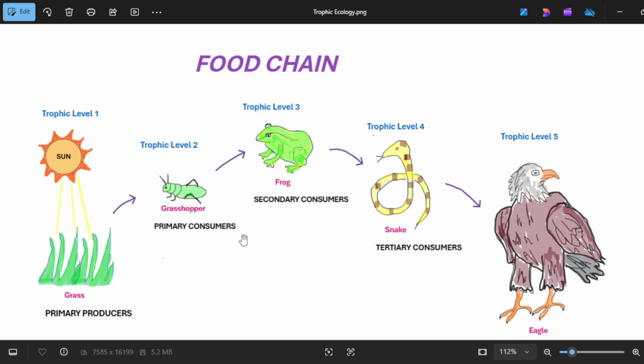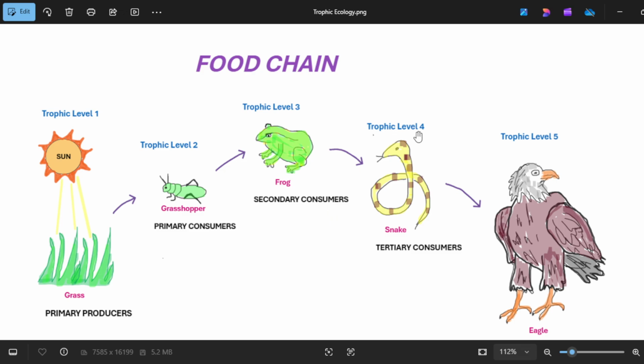Now the next level, trophic level 3, occupies the third position in the food chain. The frog eats the grasshopper, and is called the secondary consumer. This is a carnivore because it eats another living organism's meat. So it's eating meat, so it becomes a carnivore, and it is the secondary consumer.